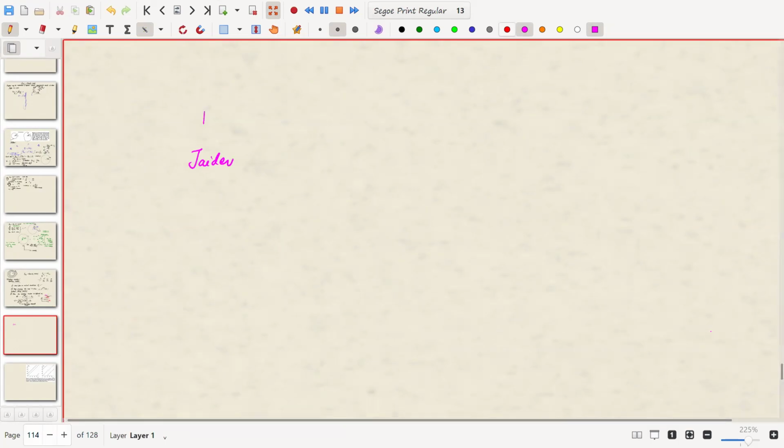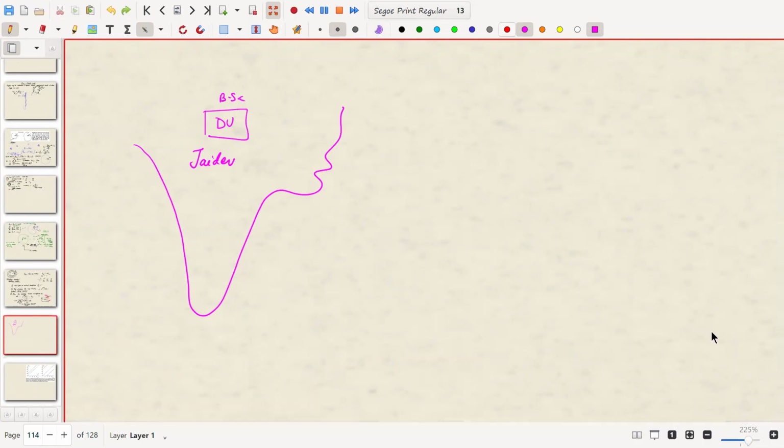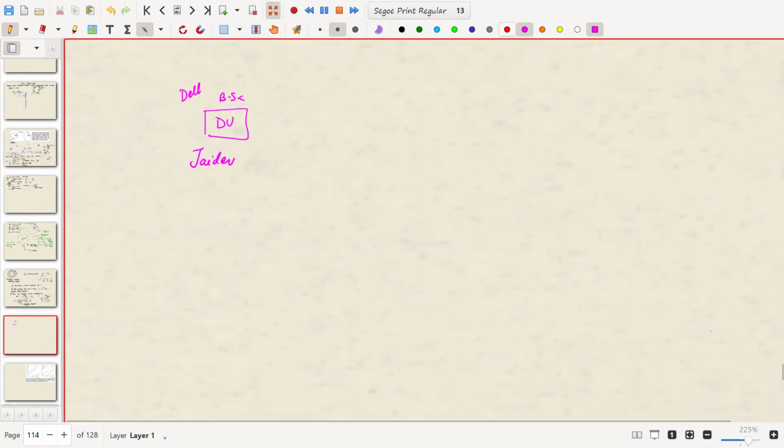Delhi, yes. So he did his BSc in DU. Which part of India? Suppose the map of India is almost similar, right? Suppose this is Delhi.